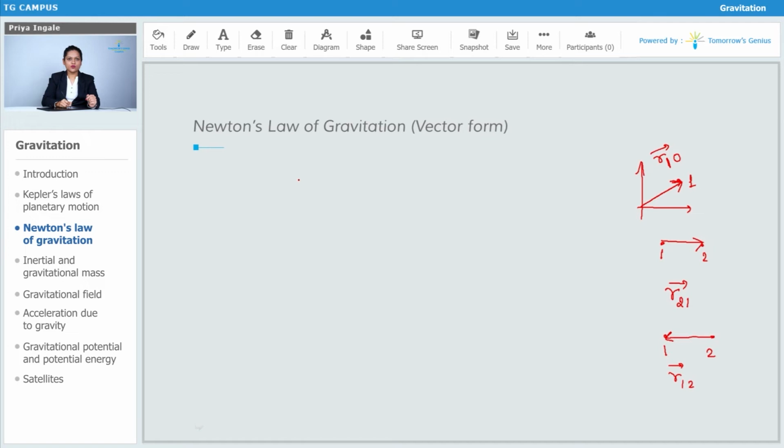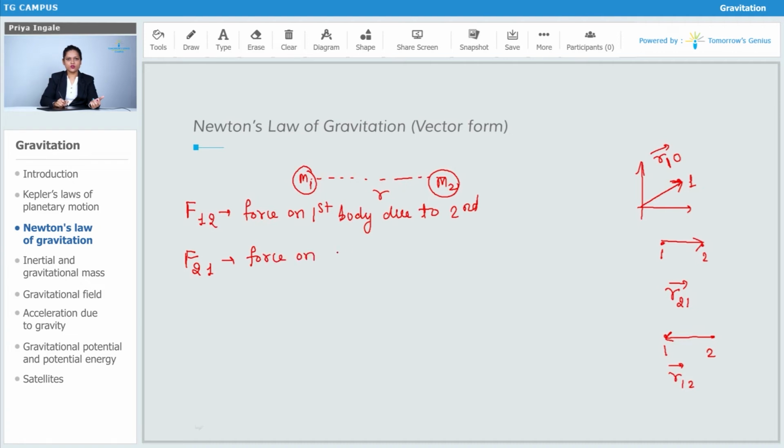So suppose here we have two bodies of mass m1 and mass m2, and they are separated by the distance r. So m1 will attract m2 and m2 will attract m1 according to Newton's law of gravitation. I'll represent force on the first body due to second one this way, and force on the second body due to first this way.